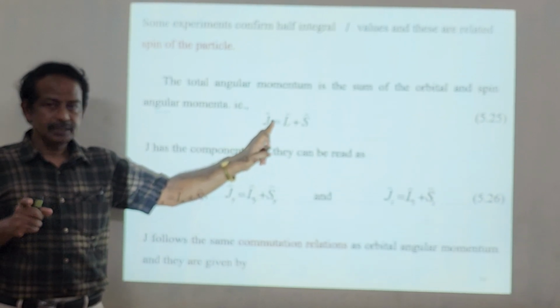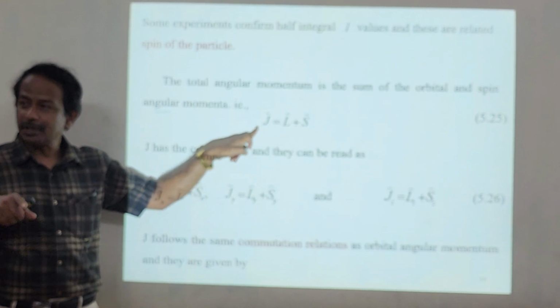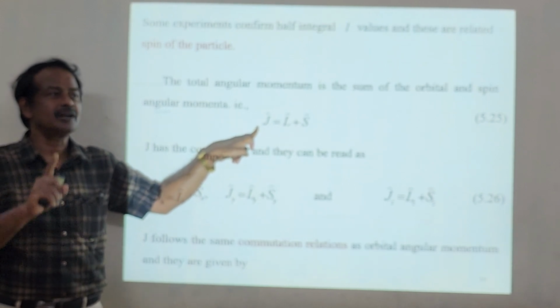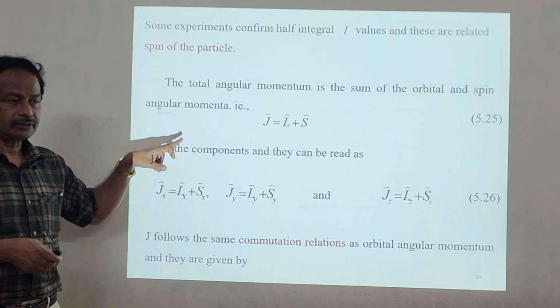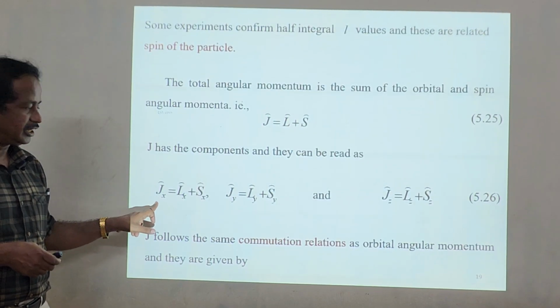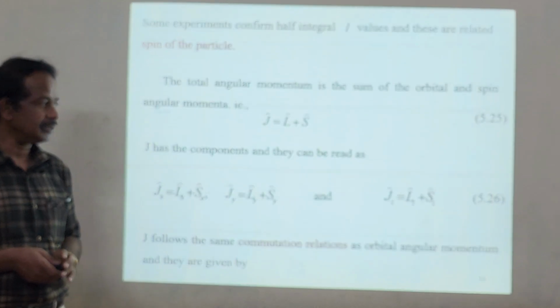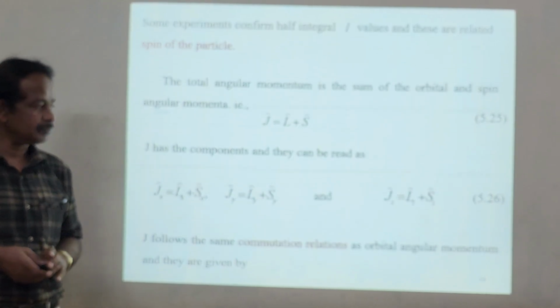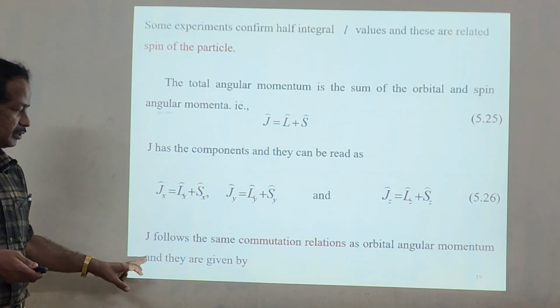Whatever rules we have followed for L, the same rules are also applicable for J, the commutation rules. The components also, not only the main one, will obey the rule. So Jx equals Lx plus Sx, Jy equals Ly plus Sy, and Jz equals Lz plus Sz. The same commutation rules for angular momentum apply.